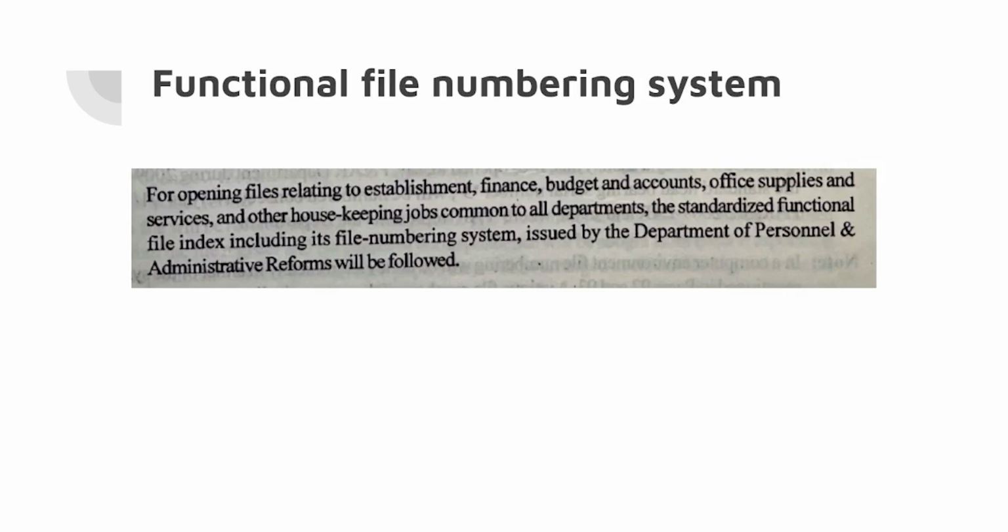For opening files relating to establishment, finance, budget, and accounts, office supplies and services, and other housekeeping jobs common to all departments, the standardized functional file index, including its file numbering system, issued by the Department of Personnel and Administrative Reforms, will be followed.